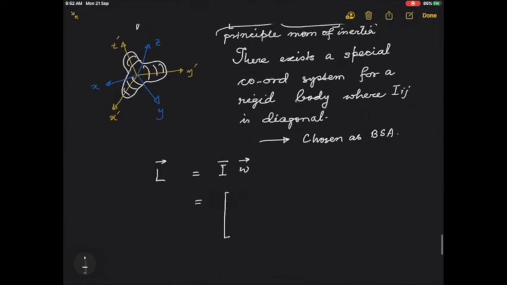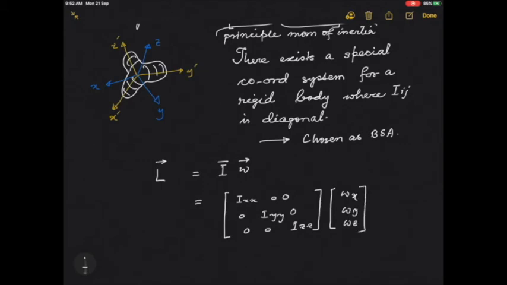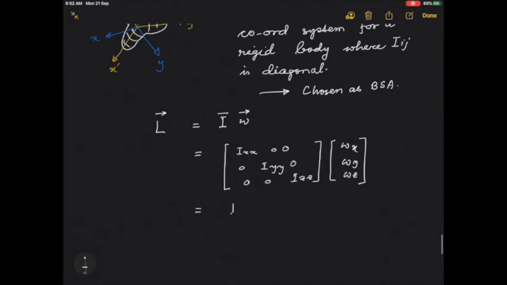What's the advantage? Well, let us write L in terms of the principal moment of inertia. You see, I is now a diagonal one, and ω is nothing but ωx, ωy, and ωz. So this is simply Ixx ωx plus Iyy ωy.